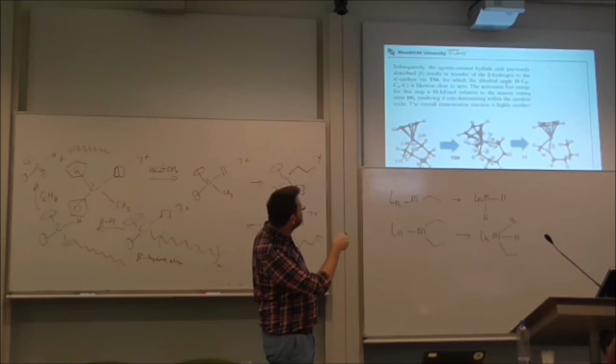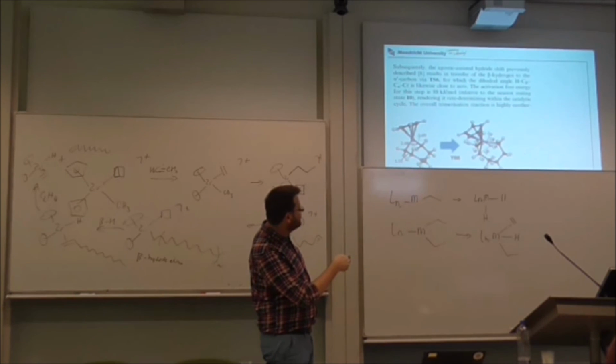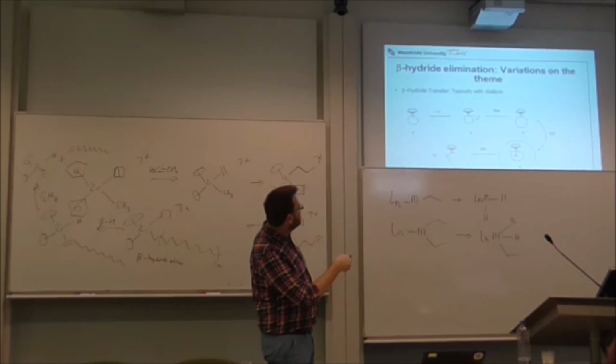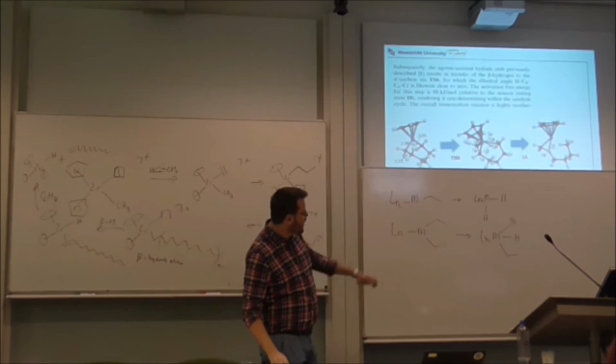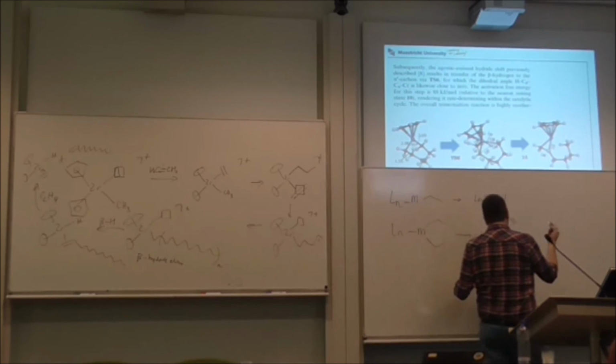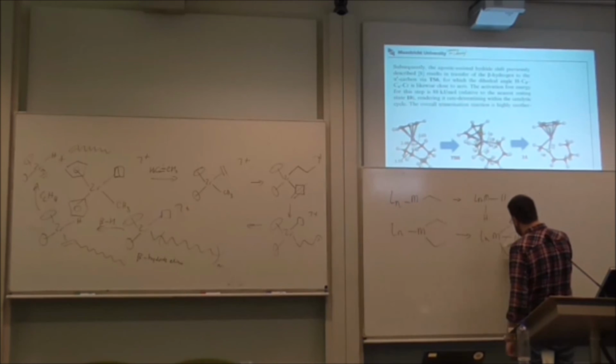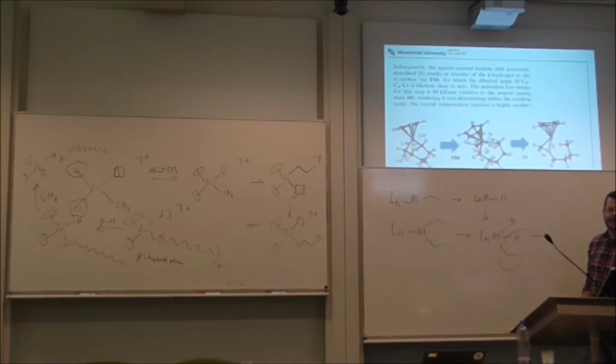Now, effectively, what happens here, we call this a beta hydride transfer. You can think of it as a second step, if you will, this is another way of looking at it, in which this then reductively eliminates. And you form LnM plus CH3CH3.